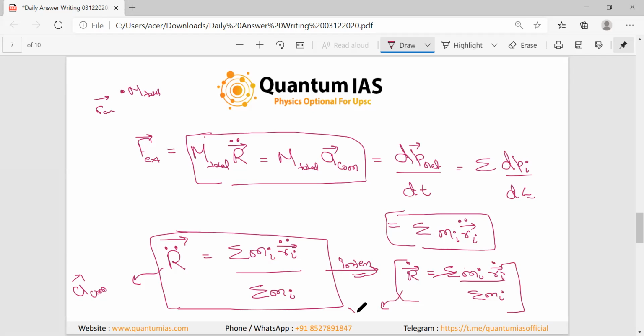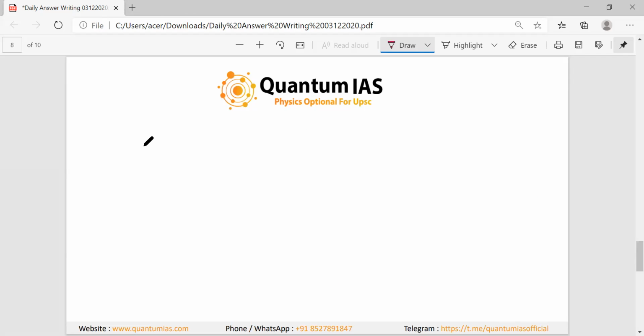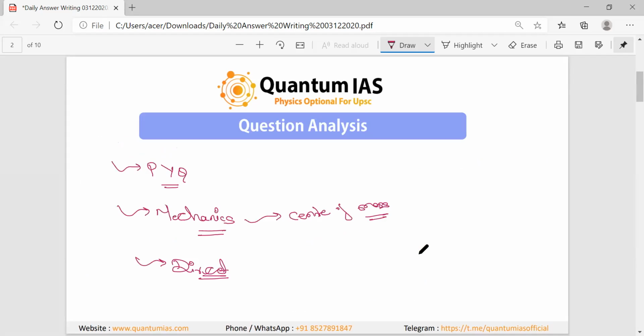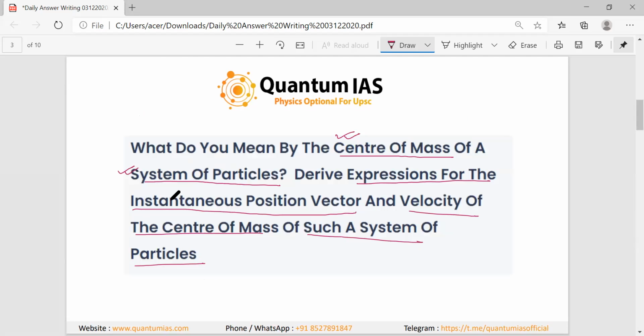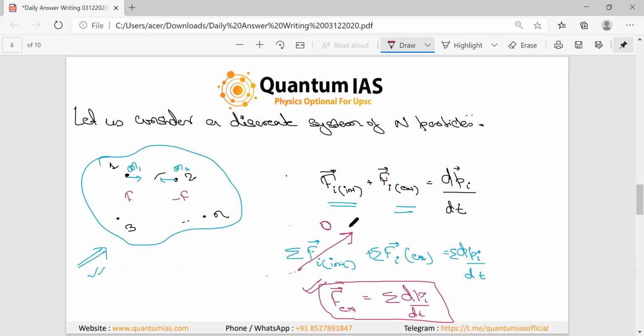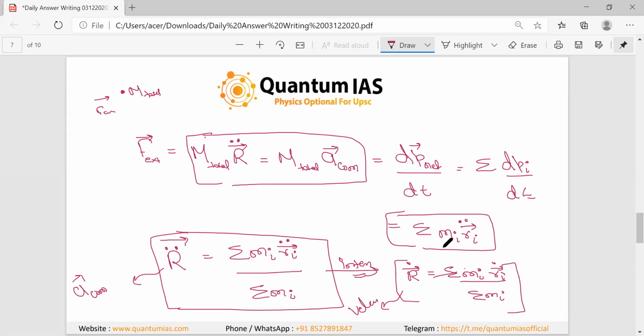Integrating further, we can write r vector equals summation m_i r_i upon summation m_i. So we need to find these two things: the instantaneous position vector and the velocity of the center of mass.